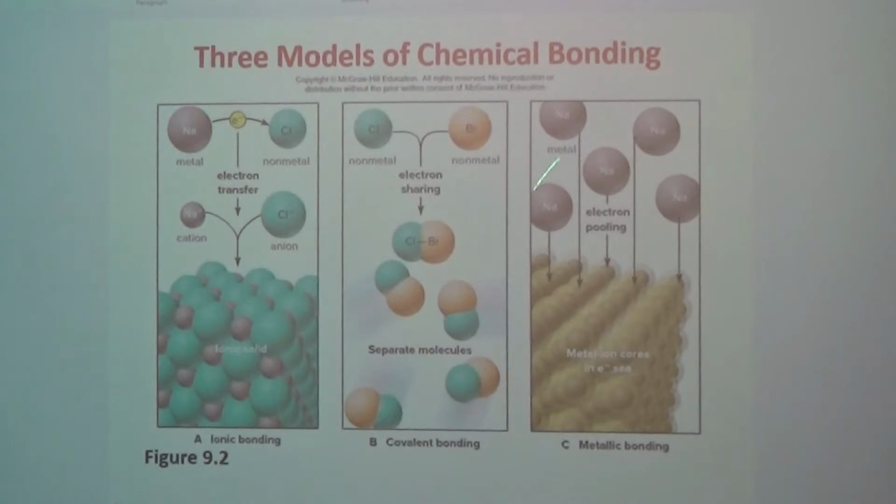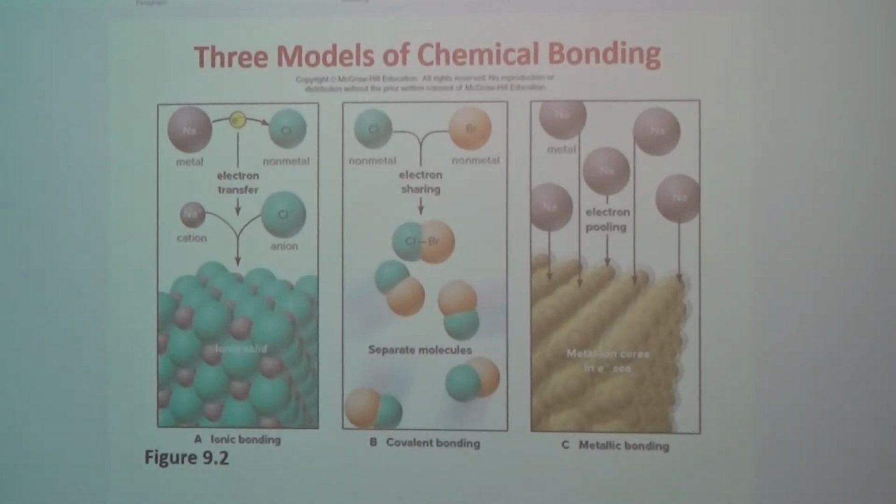We're not really going to do much with metallic bonding, as I told you before, but it's here just so you can see how it's different than the other two. In the case of metallic bonding, we have a whole bunch of electrons, and the electrons don't really belong to any nucleus at all. They kind of belong to the whole solid. So sometimes this is called the sea. It's considered to be a sea of electrons.